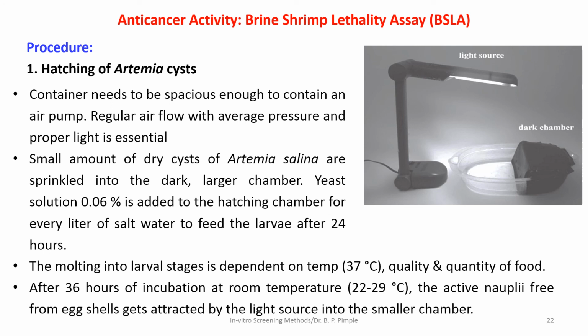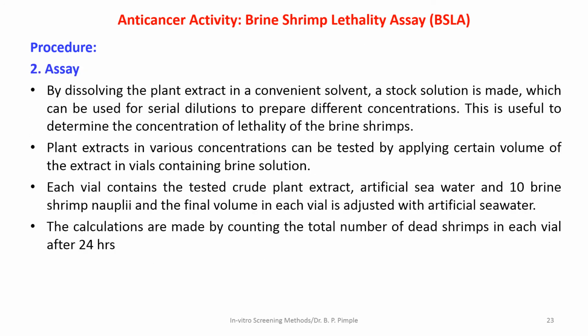An alga is broken down into solution format, and this solution is given to this compartment. After around 36 hours of incubation at room temperature, the nauplii hatch out of the eggs and they get attracted towards the light source.